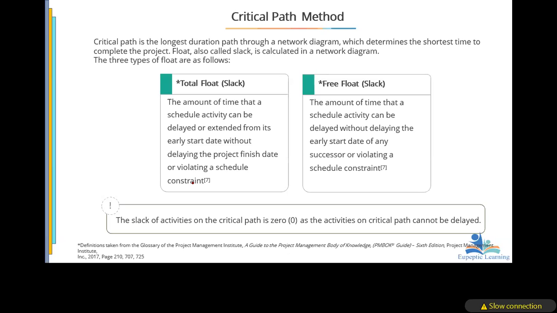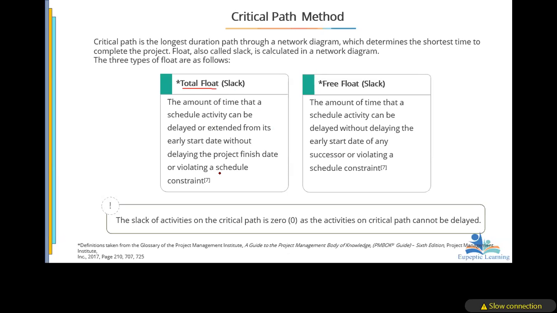Note very well that in the exams, when they say slack, they are talking about float. So either you are calculating the total float or you are calculating the free float. The difference is that free float is the amount of time a scheduled activity can be delayed without delaying the early start date of a successor. With total float, we are looking at the entire duration of the project.